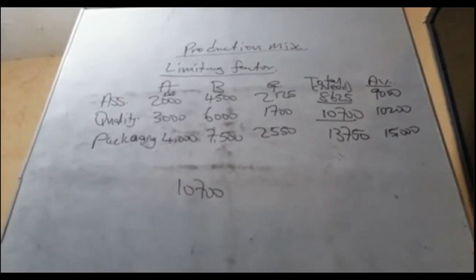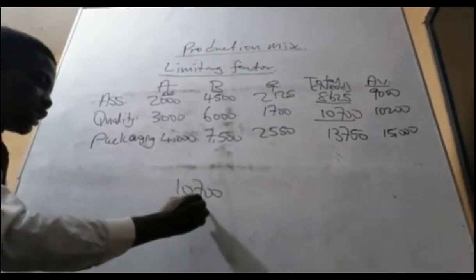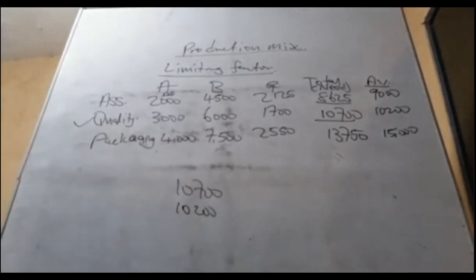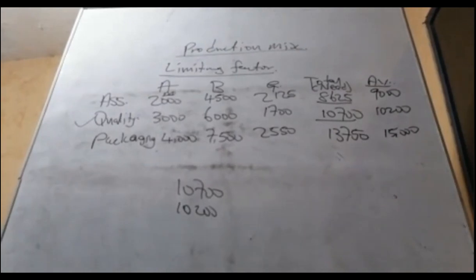So quality control is a limiting factor. How do you get it? Quality control is a limiting factor because what we need is more than what we have, and then you are done.